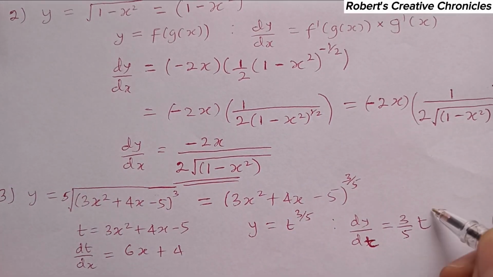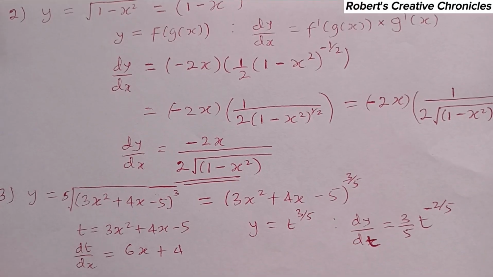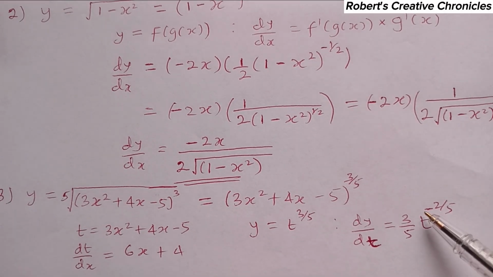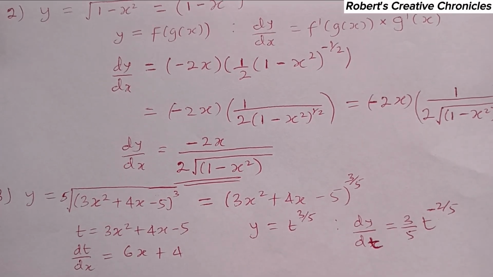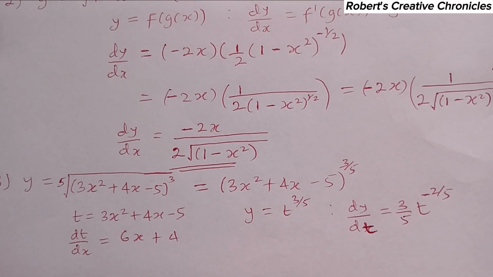So here is negative 2 over 5. So now you can substitute the t here. You can substitute the t before you put it in the equation, or you can substitute it after. Anyone. So let's substitute it here.